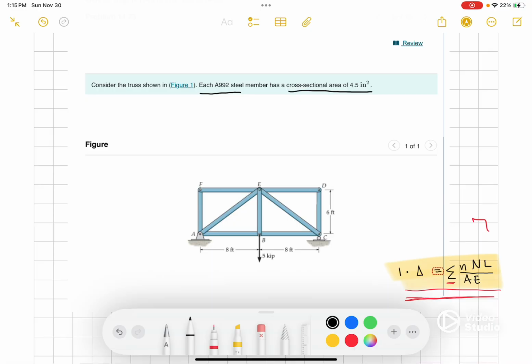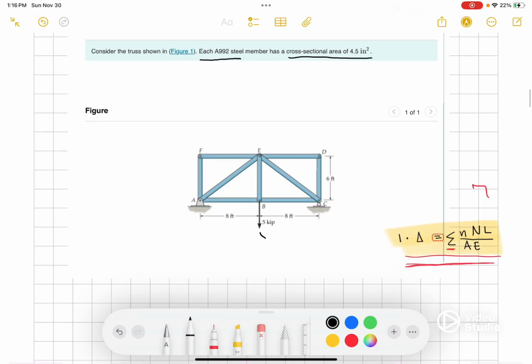And they want the displacement in inches at, let me check, they want the vertical displacement of joint E. So they want the displacement here. So how much is it going to go down by? Because we've got an applied load downwards, we can probably guess that it's going to be down.